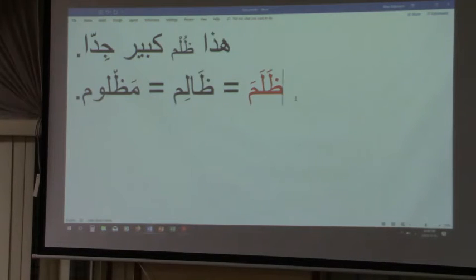So always the verb ظلم, كتب, قرأ, it is the verb plus it is what? He. So كتب means he wrote, and also it means to write. قرأ means to read, and he read. ظلم, to oppress, and also it means he oppressed.